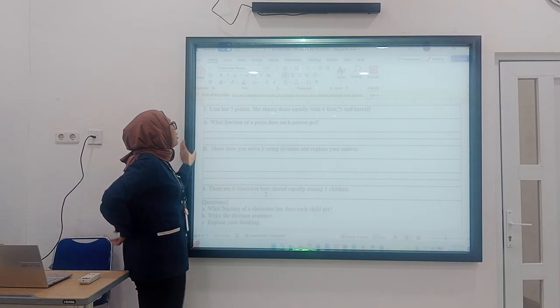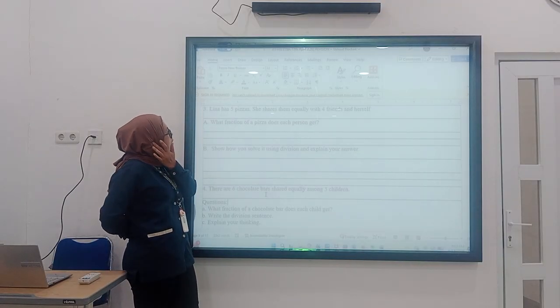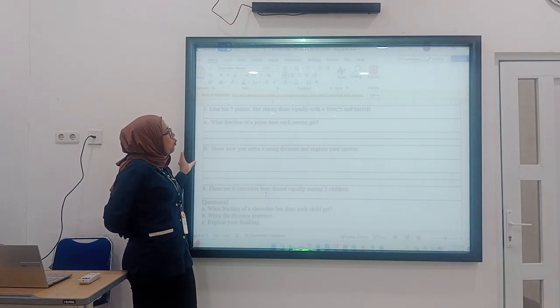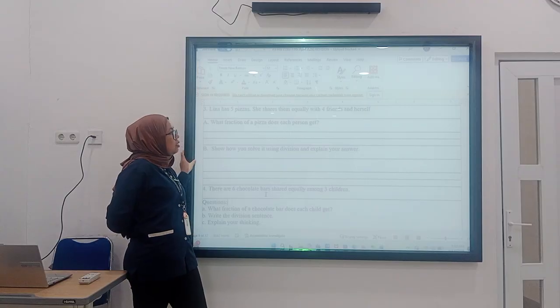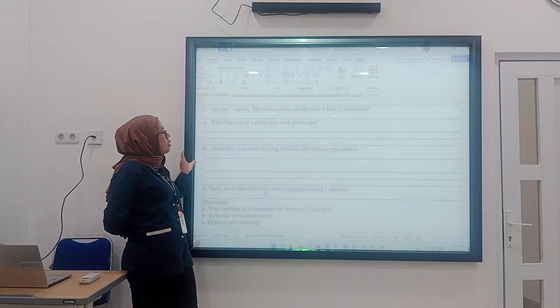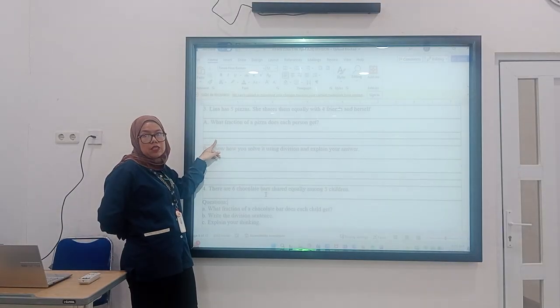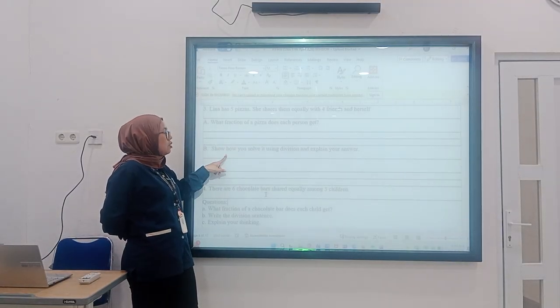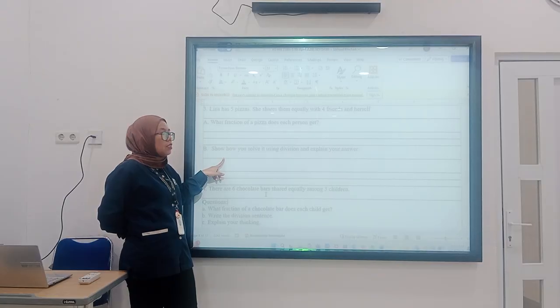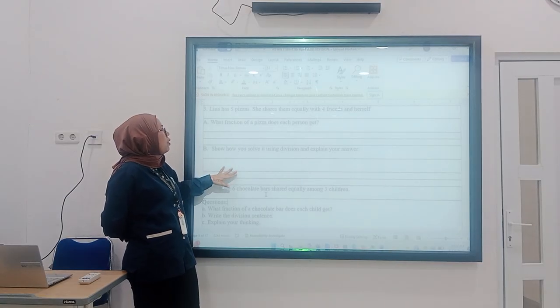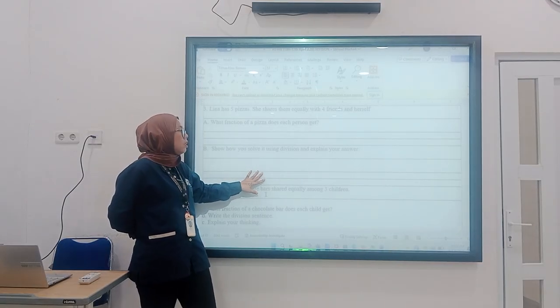Okay, wait, I'll repeat again. Lina has 5 pizzas. She shares them equally with 4 friends and herself. So what fraction of pizza does each person get? So this is 1/5. I have answered by dividing 5 divided by 5 equals 1, like this.